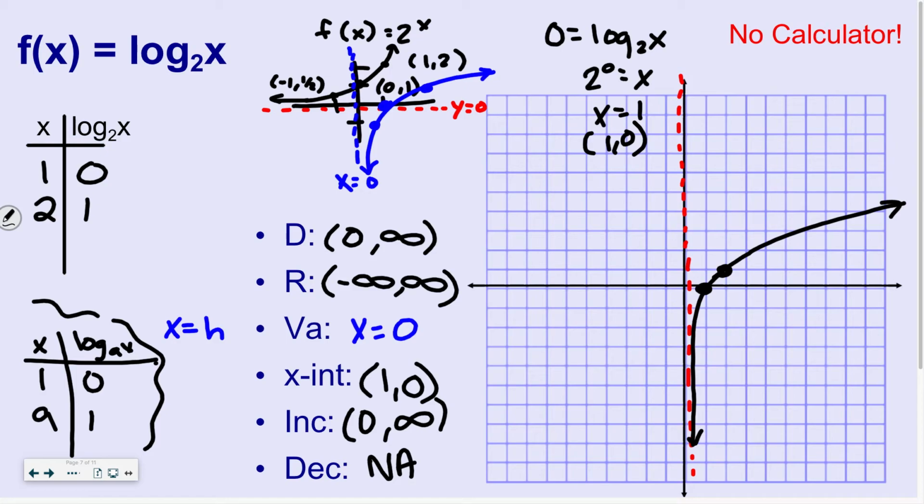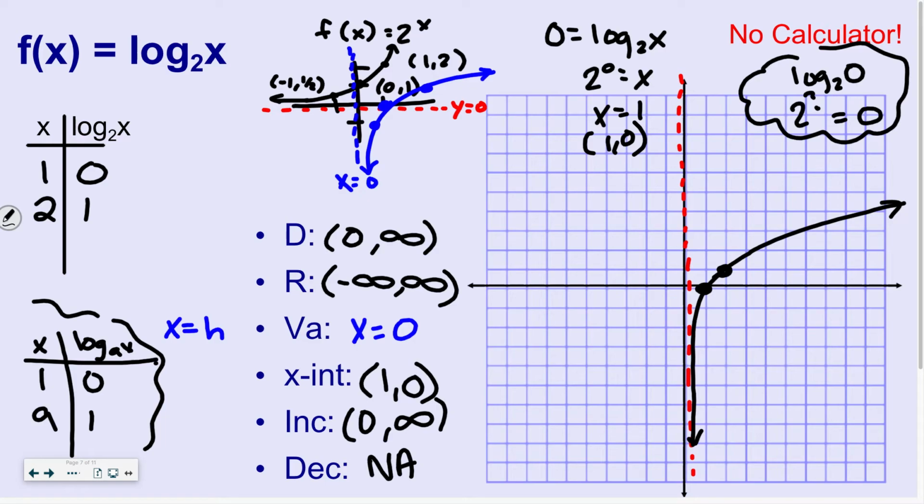The other way you could think about it is log base 2 of 0, where you're thinking about 2 to what exponent equals 0.